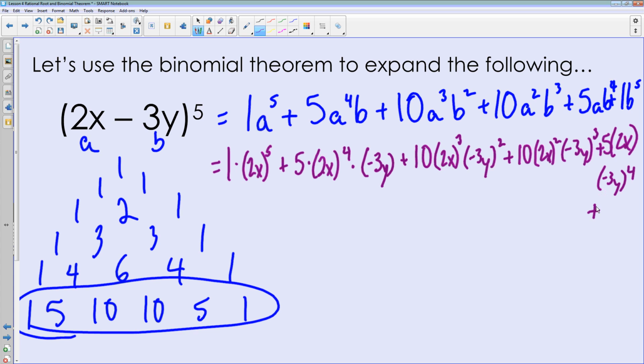We're still going to have a plus 1, and then times negative 3y to the fifth.